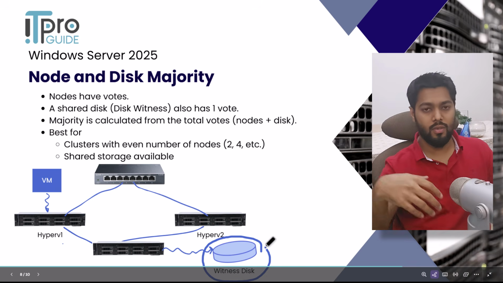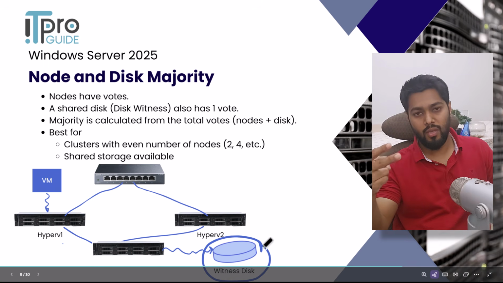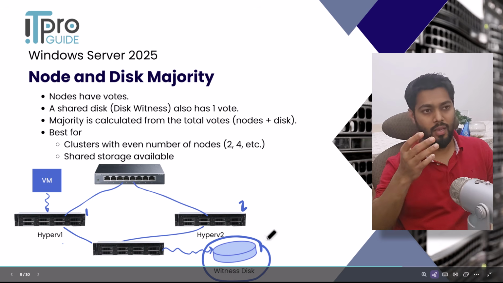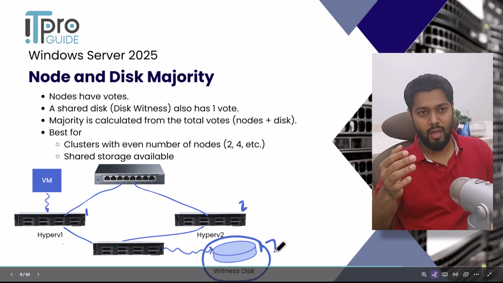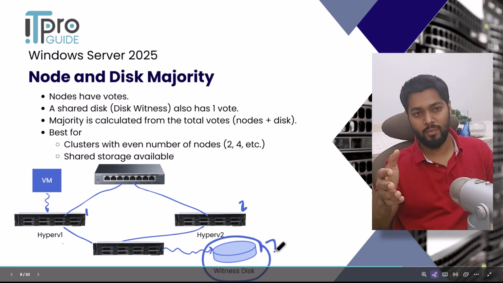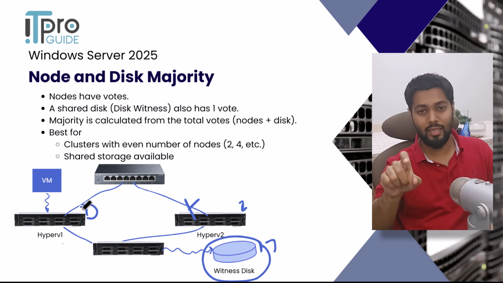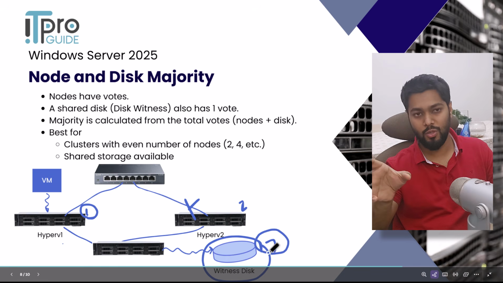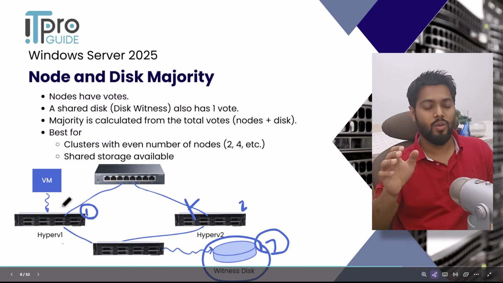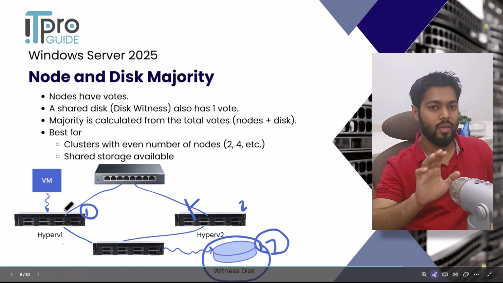This situation is helpful for those who have only 2 Hyper-V servers and 1 storage. So the disk gets 1 vote in addition to each server. Hyper-V 1 has 1 vote, Hyper-V 2 has another, and the witness disk counts as the third one. In this scenario, if Hyper-V 2 fails, then Hyper-V 1 and the disk can still form a majority. They are 2, right? So the virtual machines stay up and running on Hyper-V 1.